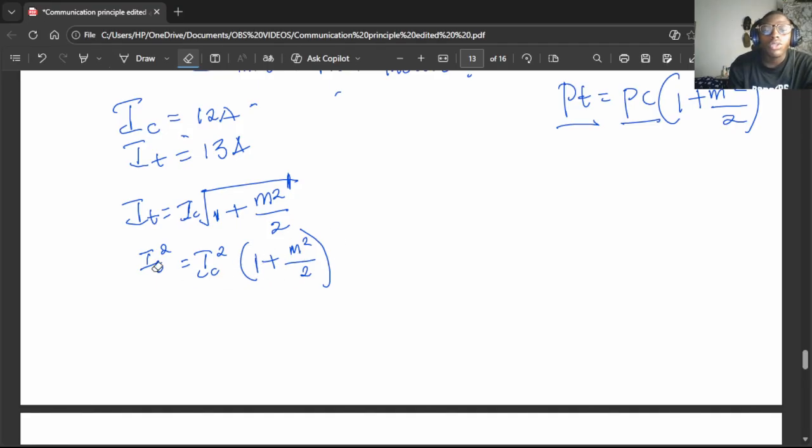So what do you think you are going to do? To get your modulation index, we can take IC to the other side of the equation by dividing through by IC square.